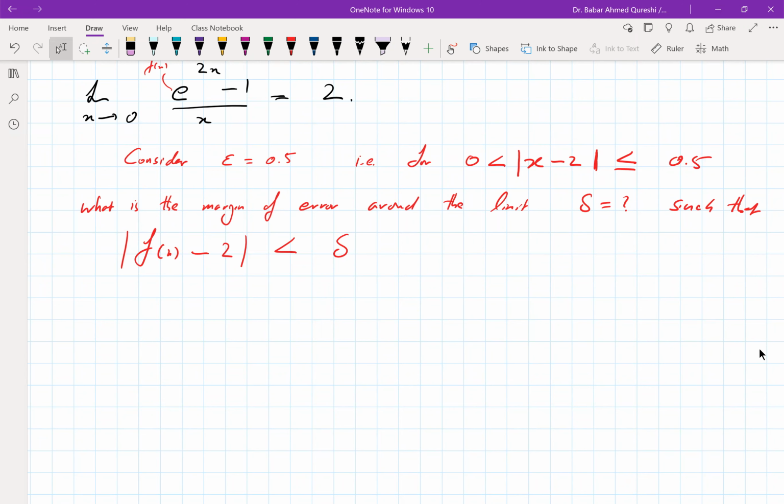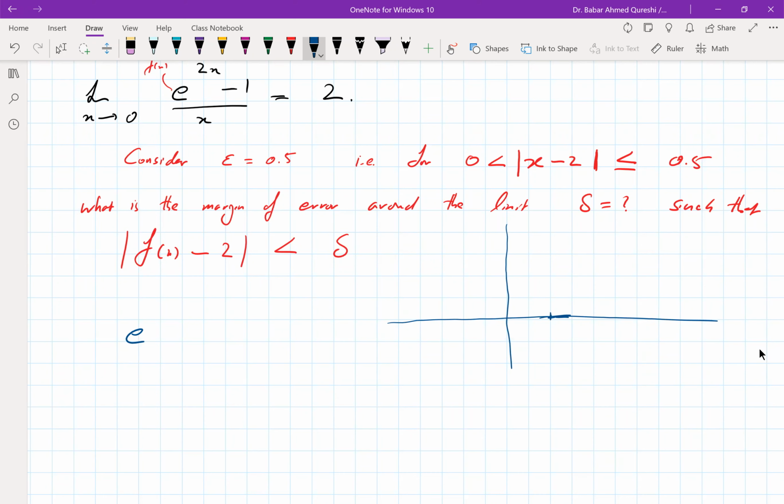So if I put in x, well, first of all, we need to know what kind of graph this function has around the value x is equal to 0.